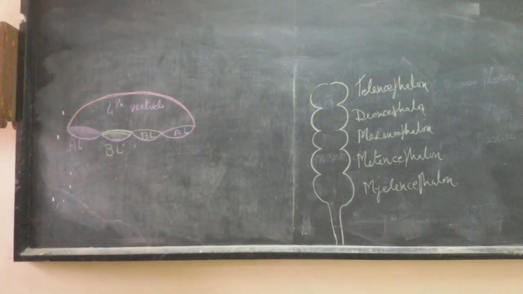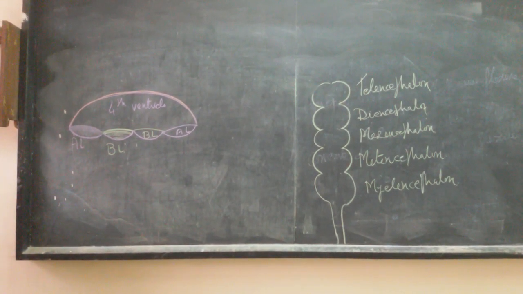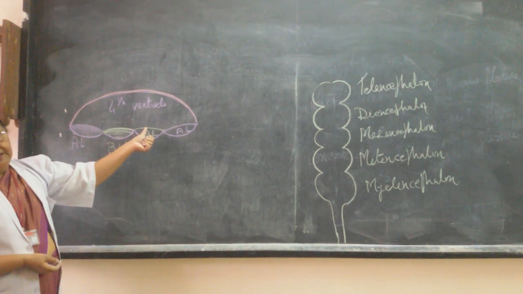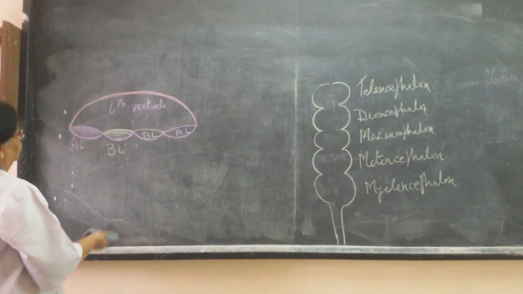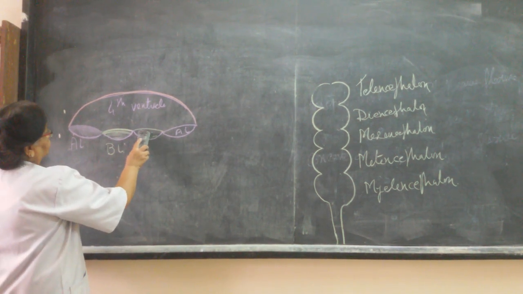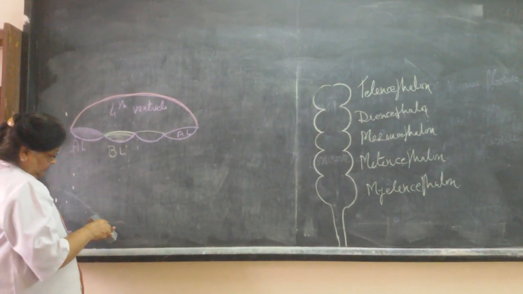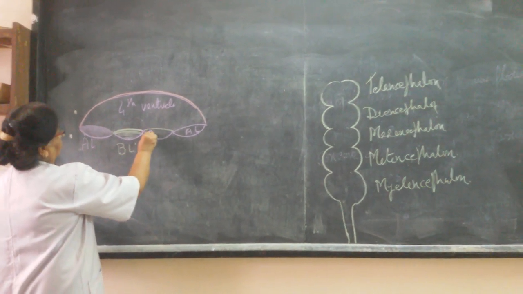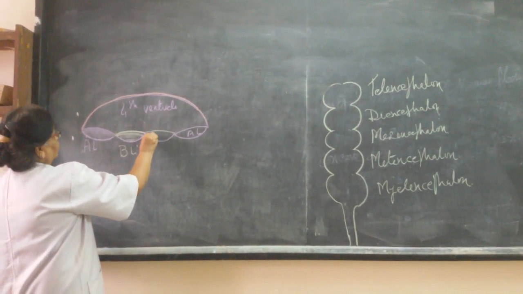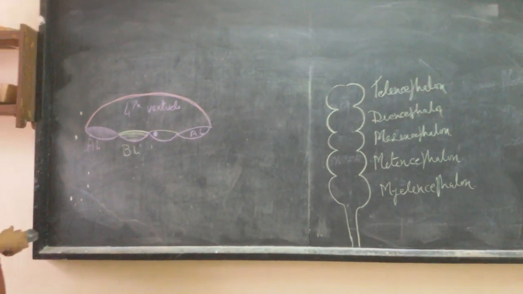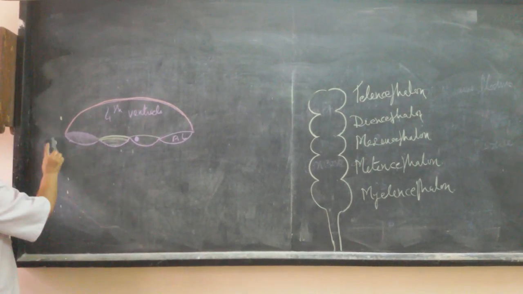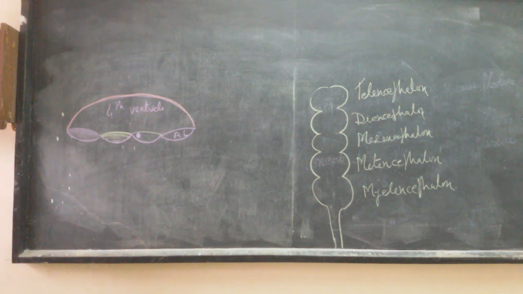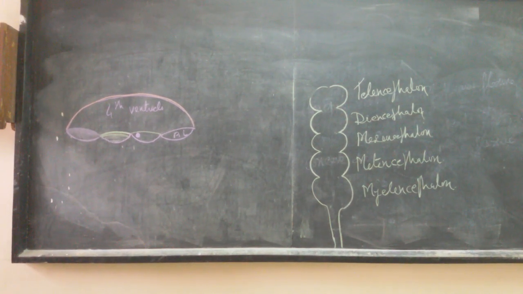Now, let us try to see the nuclei present in the basal lamina of the brainstem. Most medially, we get the somatic efferent nuclei. Somatic efferent nuclei supply the muscles developing from the somites.